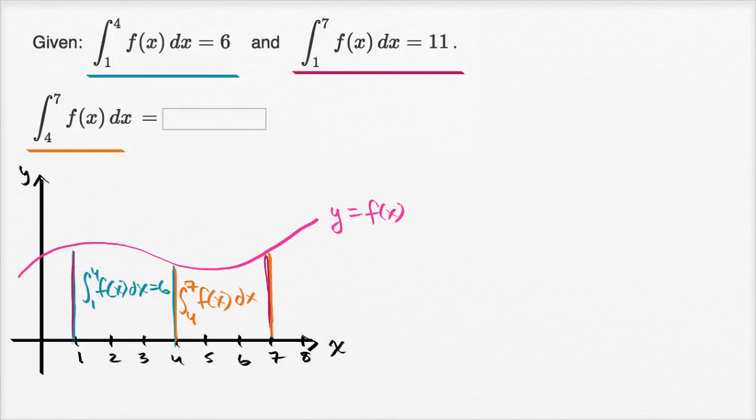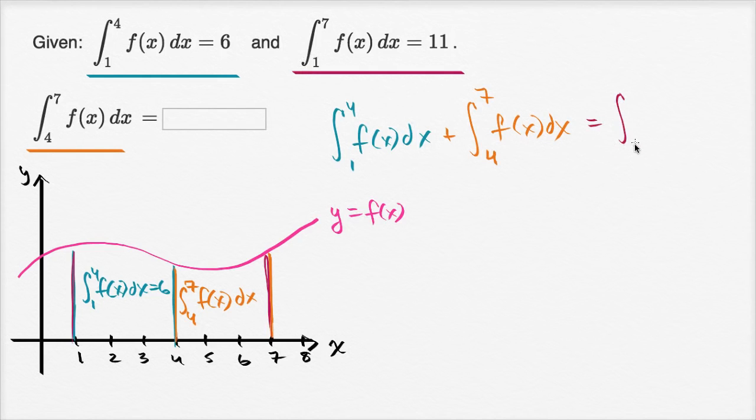So we could rewrite this as the definite integral from 1 to 4 of f of x dx plus the definite integral from 4 to 7 of f of x dx is equal to the definite integral from 1 to 7 of f of x dx.